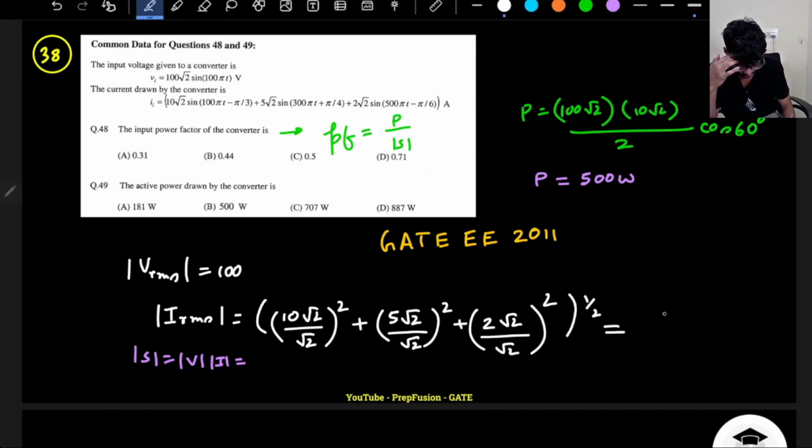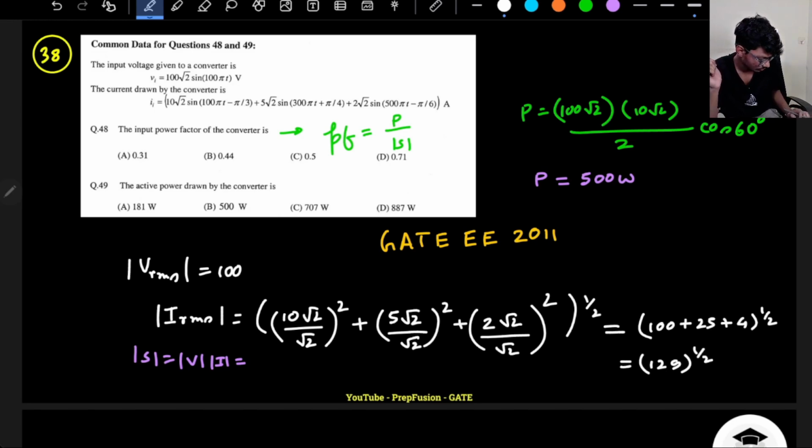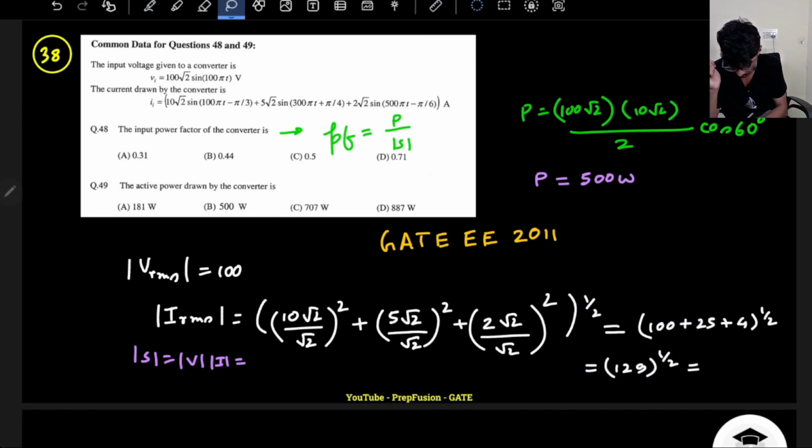So this is 10 square plus 5 square plus 2 square, that is 100 plus 25 plus 4, whole under root. This equals the root of 129, which is 11.36. 11.36 is the RMS value of the current.